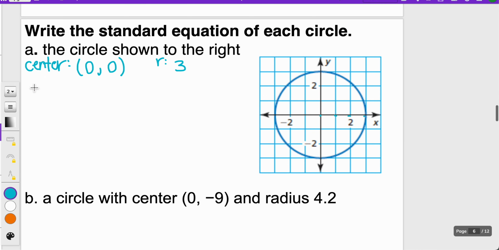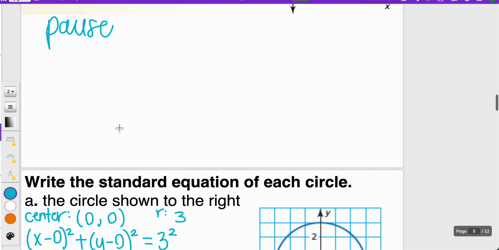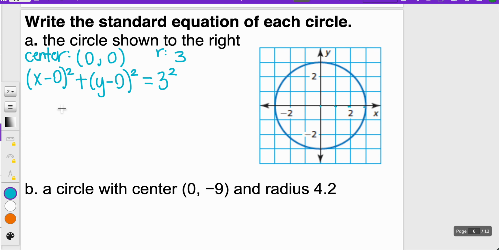So we would say that would be x minus 0 squared plus y minus 0 squared is equal to r squared, or 3 squared. All we're doing again is filling in both of those things. Then we just simplify that.